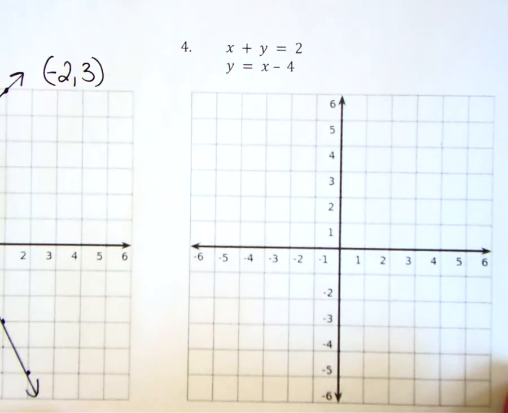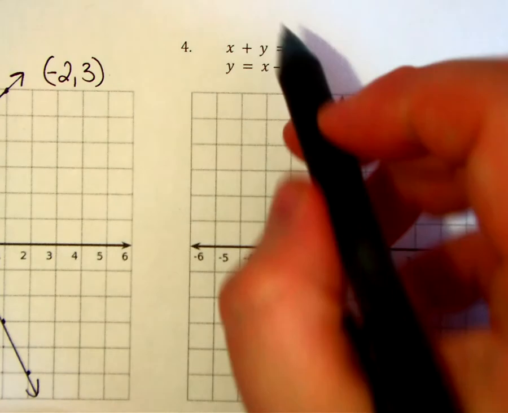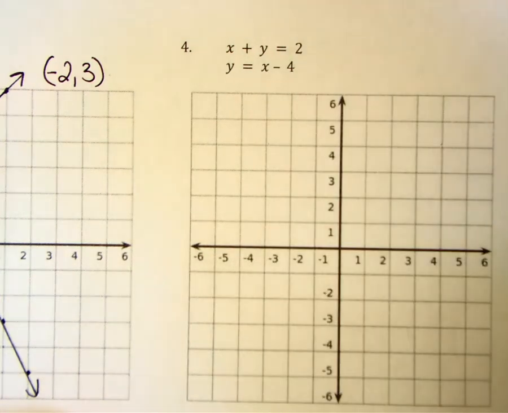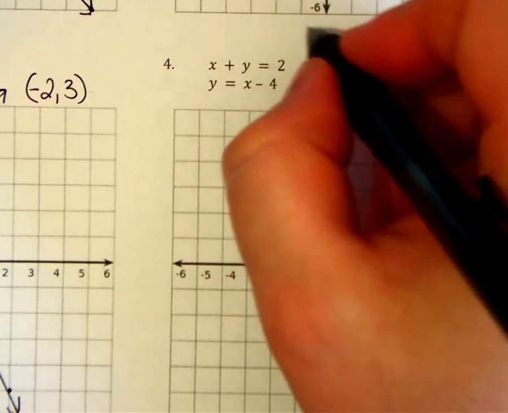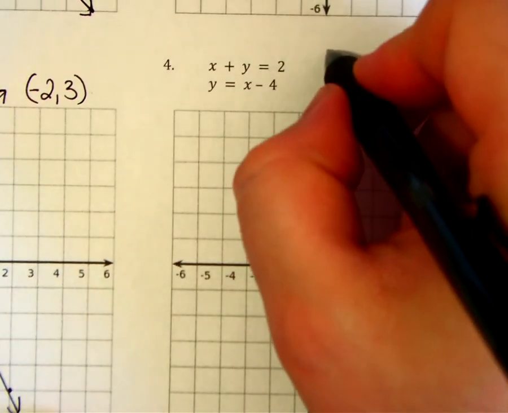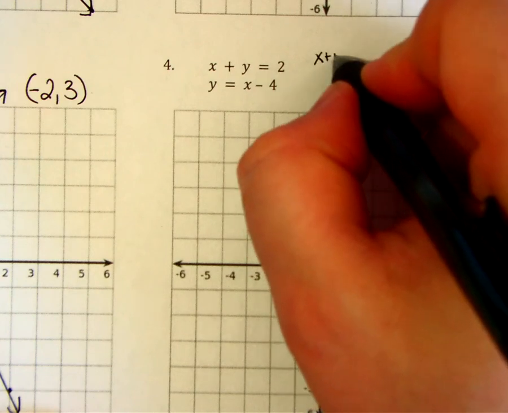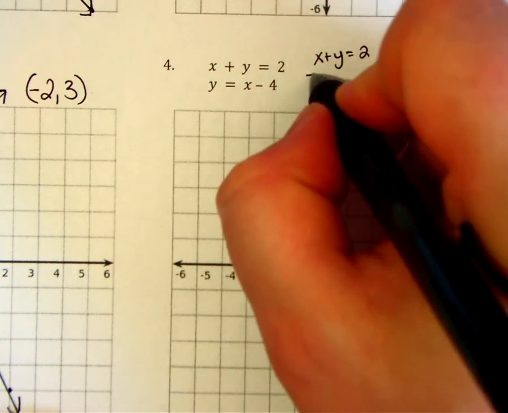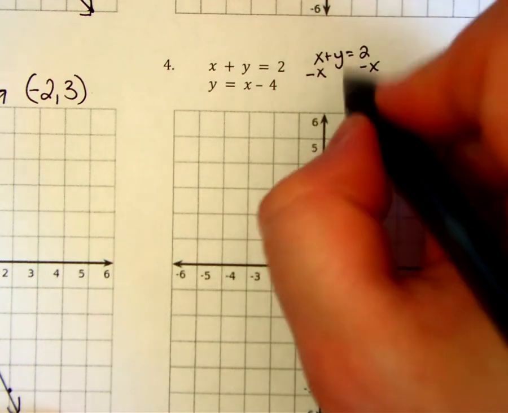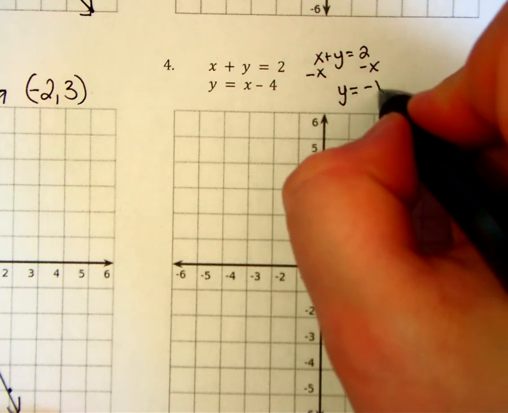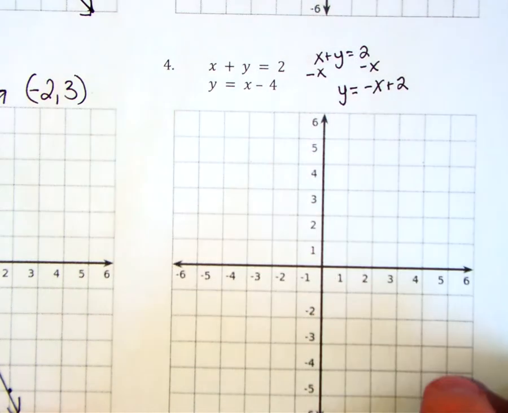And problem number 4, our last equation, we have x plus y equals 2, needs to be in slope-intercept form. So x plus y equals 2, subtract x from both sides, and y will equal negative x plus 2.